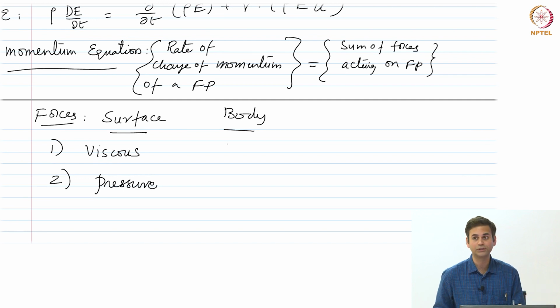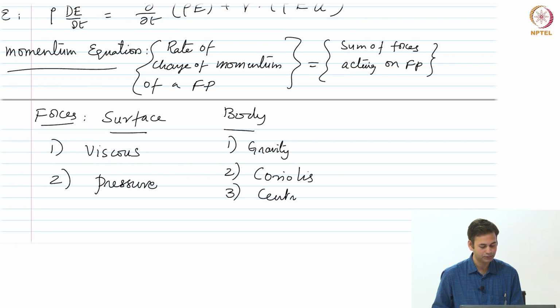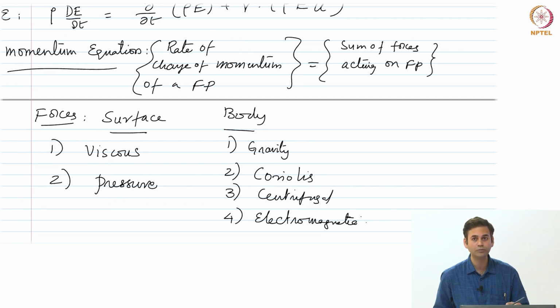What about the body forces? Gravity. What else? If you have a rotating domain, you would probably get a Coriolis force or centrifugal forces, and so on. You can probably also have electromagnetic forces and so on. Anything that acts on the volume, you would call a body force.